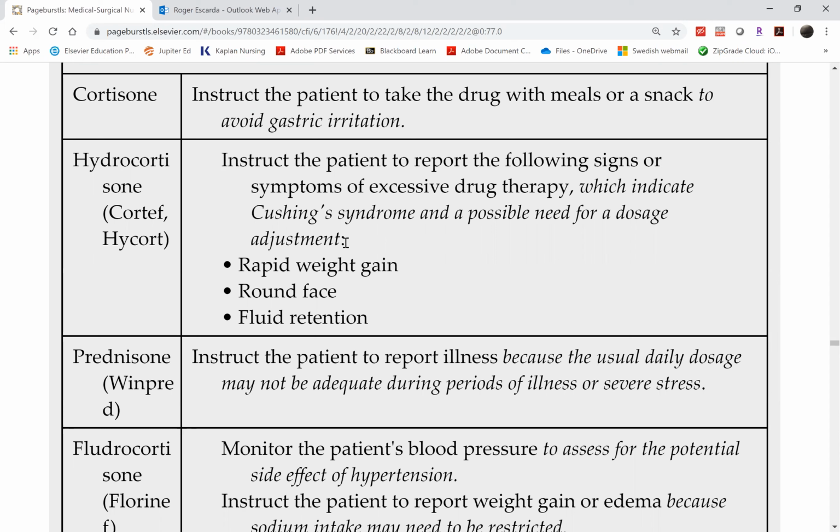Going back to the stress hormone, because it's a stress hormone, it increases gastric acid production, causing GI ulcers and then bleeding eventually. And once your acid levels are high, it will decrease calcium absorption in the GI tract, causing osteoporosis.